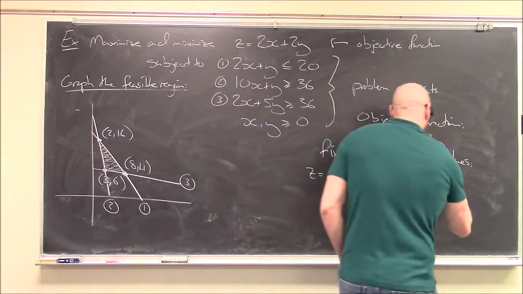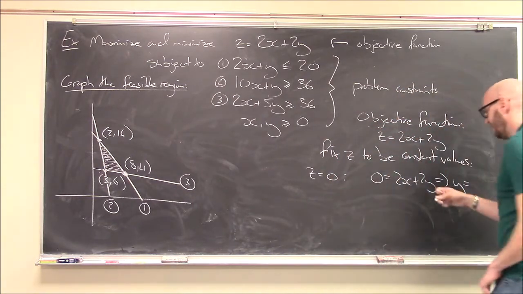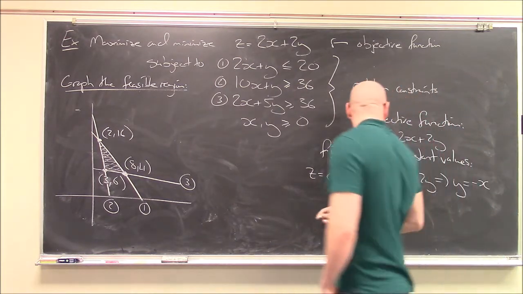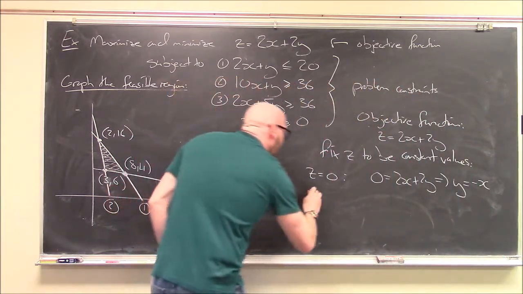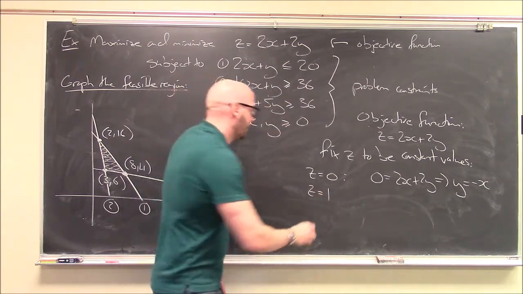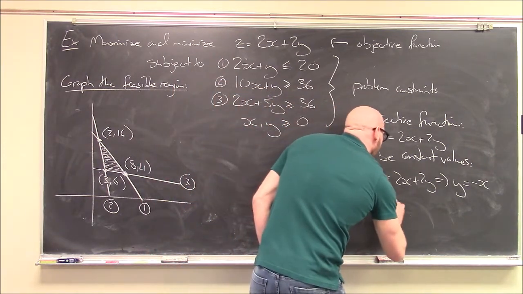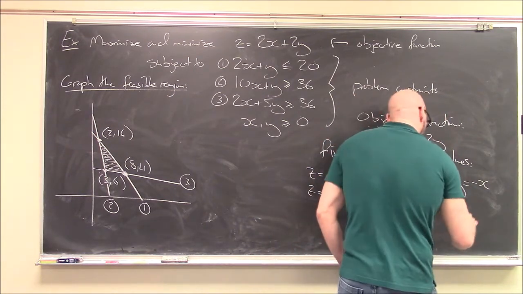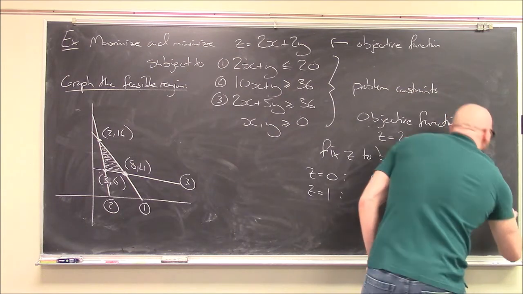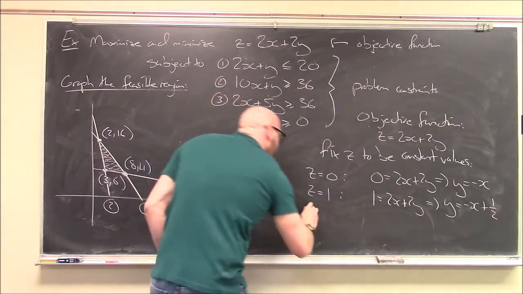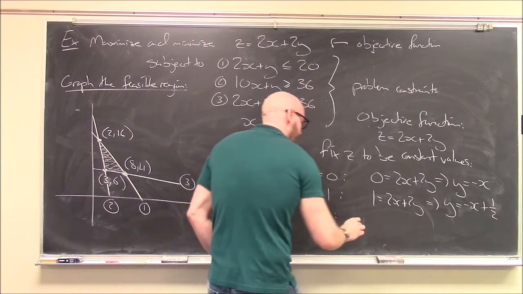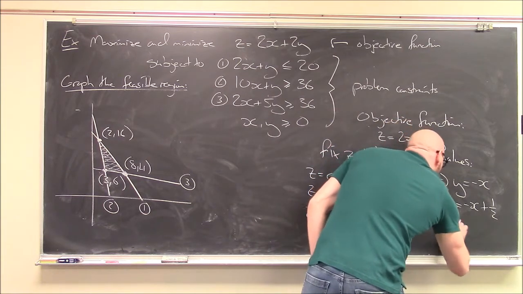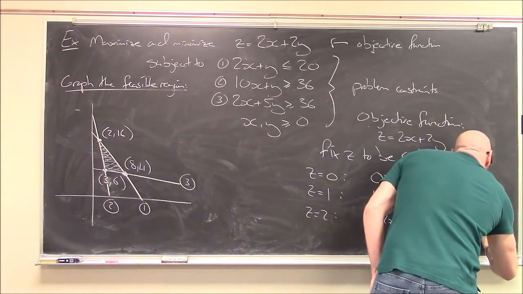Or rather, what does that mean y equals? 2y is minus 2x, so y is minus x. How about z equals 1? If z equals 1, I get 1 equals 2x plus 2y. Or if you solve for y, that would be y equals minus x plus 1/2. How about z equals 2? Z equals 2, I get 2 equals 2x plus 2y, or y equals minus x plus 1.